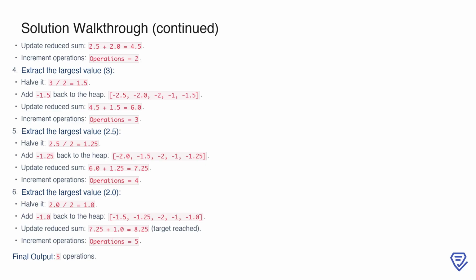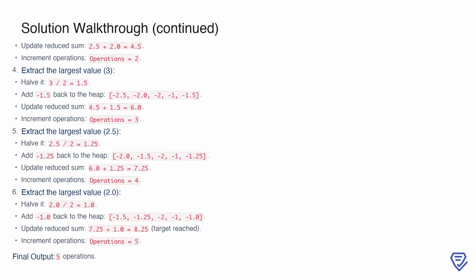increasing to 3. Extracting the largest value next, which is 2.5, we halve it to 1.25 and add -1.25 back to the heap. The heap updates to -2.0, -1.5, -2, -1, -1.25, and the reduced sum becomes 7.25. The operation count is incremented to 4.